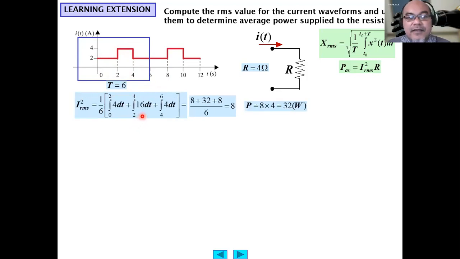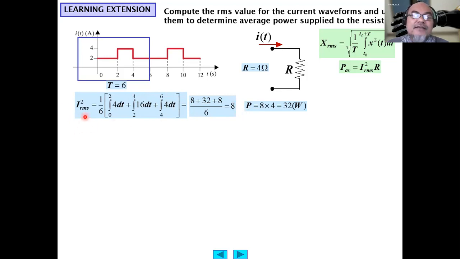So we obtain 2 times 4 is 8, plus 2 times 16 is 32, plus 2 times 4 is 8, divided by 6, which equals 8.